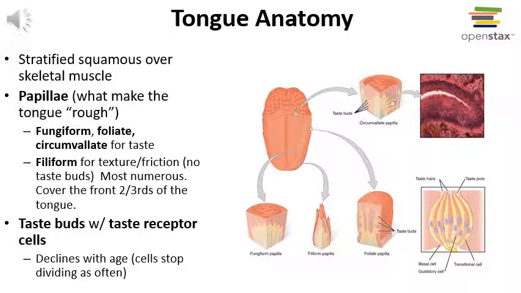So let's take a look at the classification of papillae that's demonstrated on this slide. I see an illustration of a tongue, and I see a number of arrows indicating some close-up views of papillae that you need to be aware of. There are fungiform papillae, there are foliate papillae, and there are circumvallate papillae that are all going to be concerned with taste. You'll see they differ in terms of their appearance.